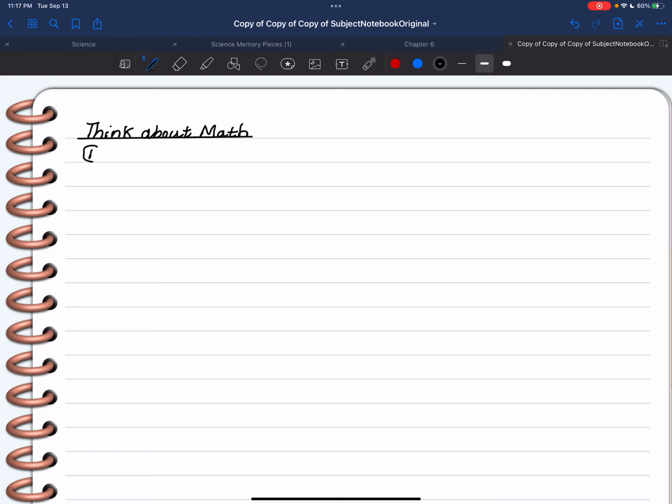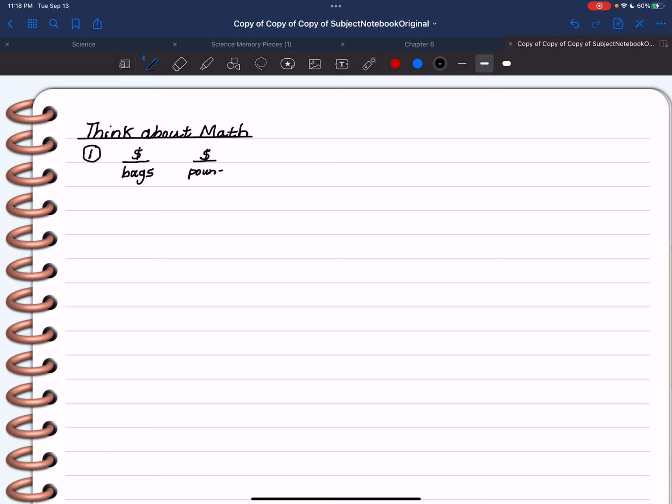Number 1, a 2-pound bag of lentils costs $3.70. What is the unit cost per pound? Well, I can set up a ratio of dollars to bags, but that will not answer my question. The question is, what is the cost per pound?